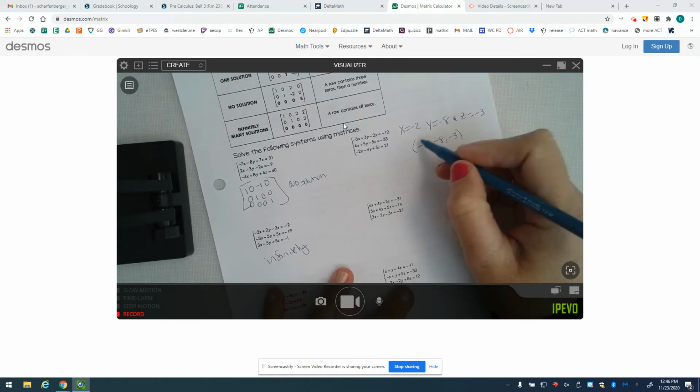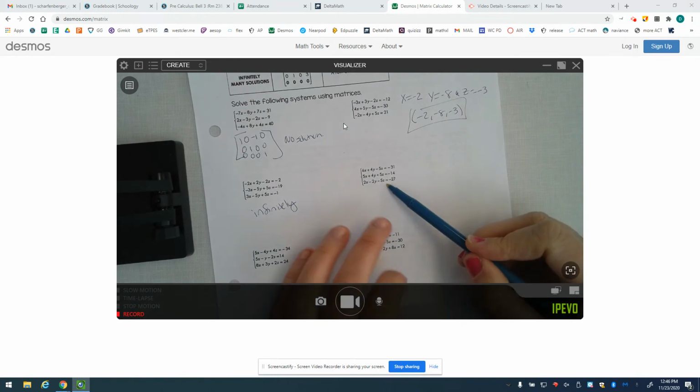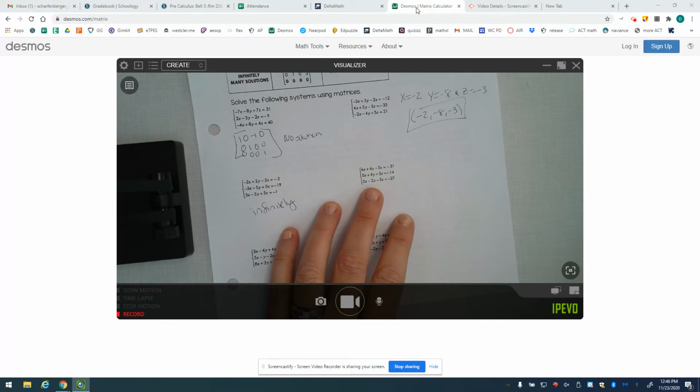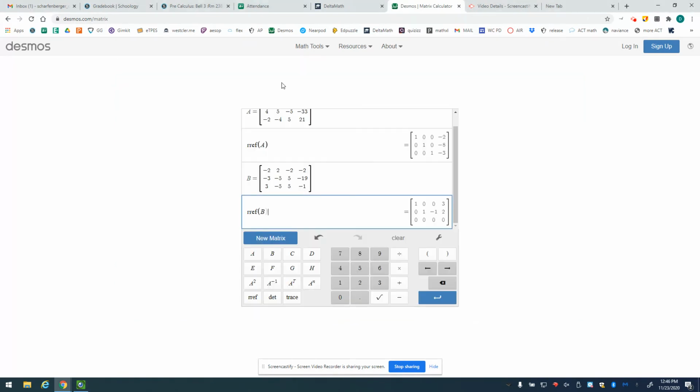And then up here, do you see how I wrote my answer for that one? So go ahead and try this one. You might want to pause the video and then come back and see if you end up with the same answer as me. I'm going to go ahead and put it into Desmos. So pause me and then come back and look.